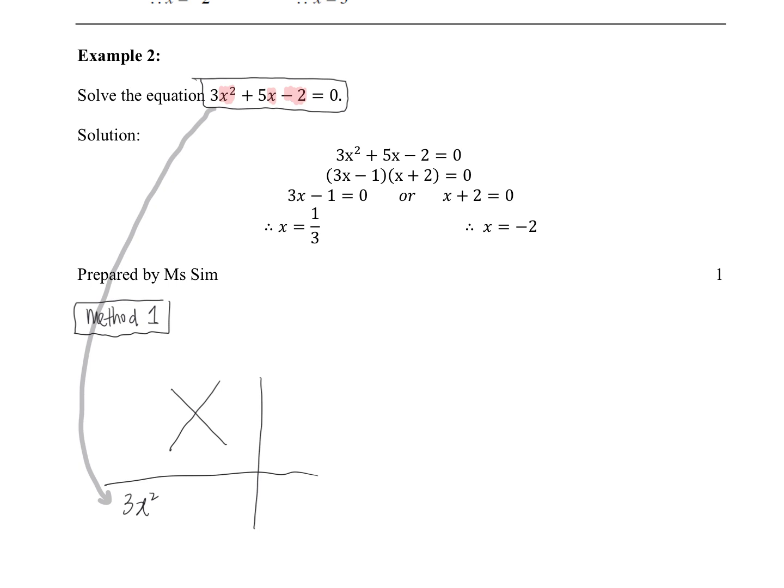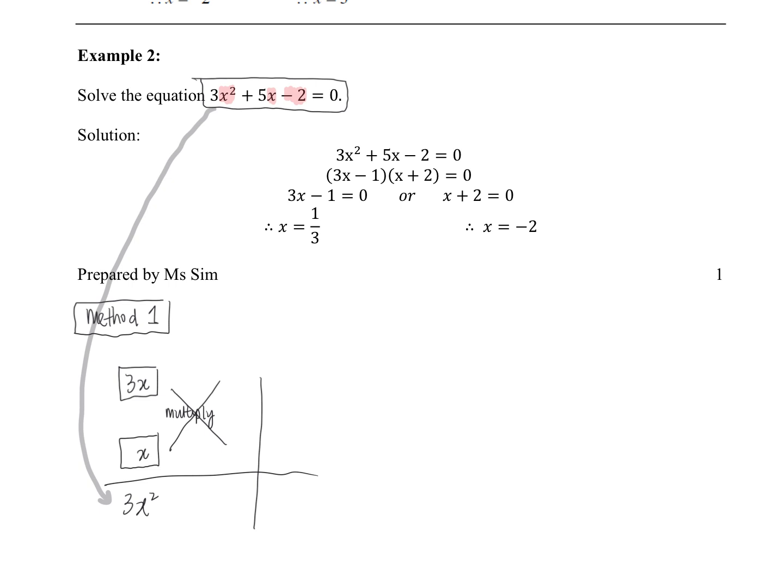Because it's multiplied over here, you need to find 2 factors that will give you 3x squared. So you put a 3x here and then an x here, so that when they multiply, they give you 3x squared. You can reverse them as well, whichever way you want.